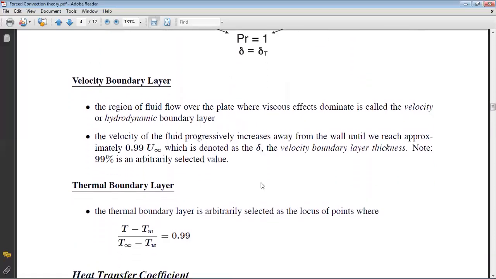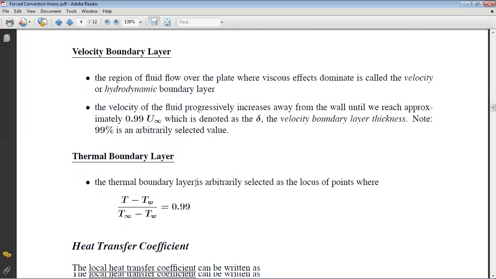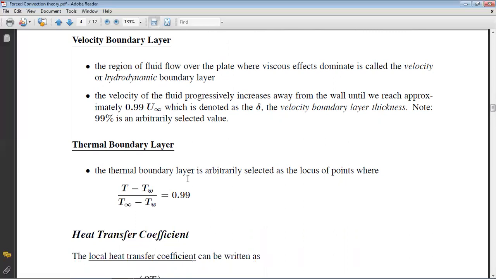Yeah, as I told, the velocity boundary layer is that vertical distance where you get 99% of the mainstream velocity. Similar is the case with thermal boundary layer. The temperature distribution should be 99%.